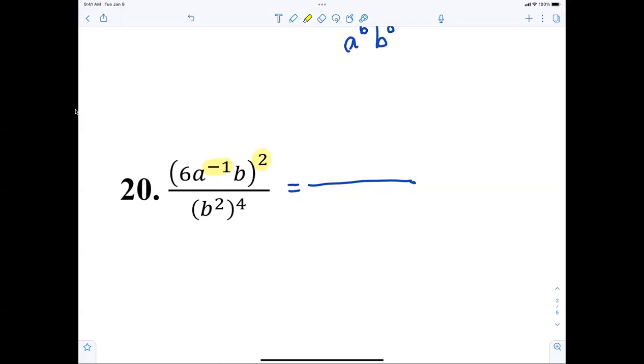We have to square first this time. So what is this? Oh, 6 on 6 is 36. Yes, sir. Then it would be a to the what? Negative. Yes. And then b to the what? B to the second. That's correct. And on the bottom, it would be?